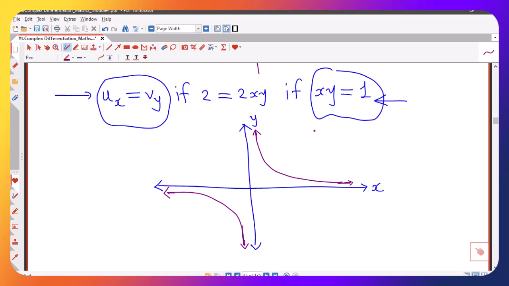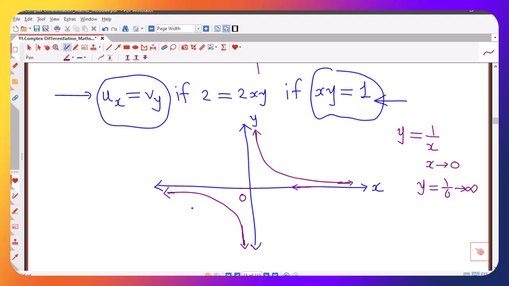If I consider this, I can rewrite this as y equal to 1 by x. So this means x is approaching 0. If x is going in this direction, then you can see y will be 1 by 0, that is y will approach infinity. So if x is approaching 0, y will increase in this way.